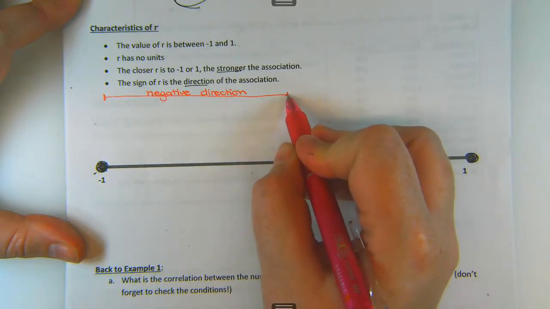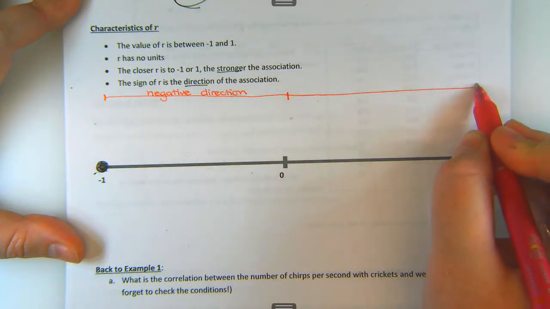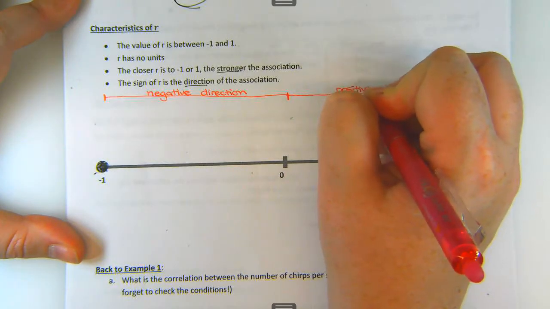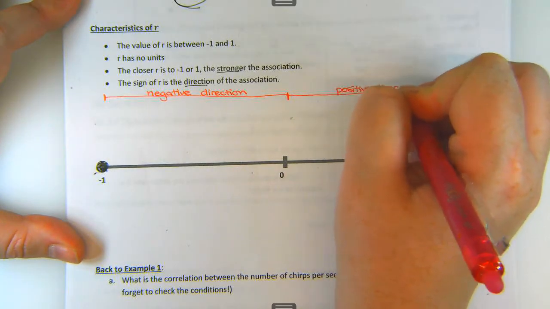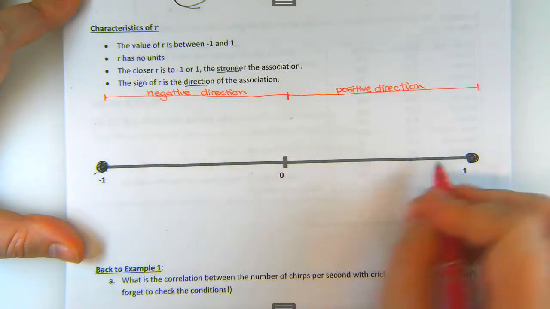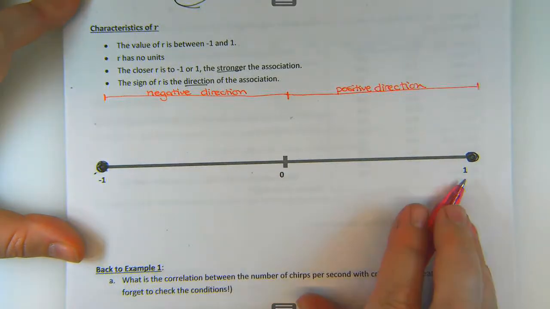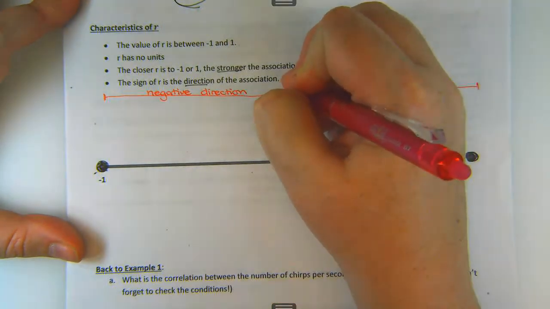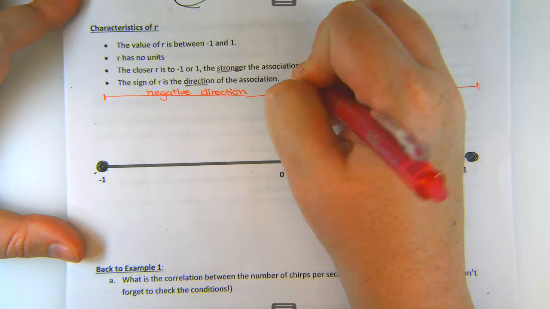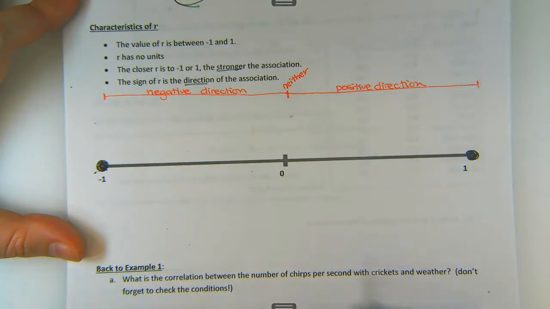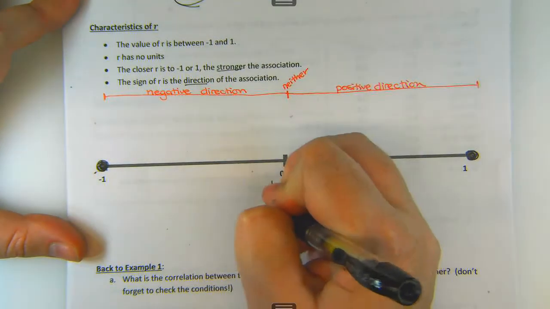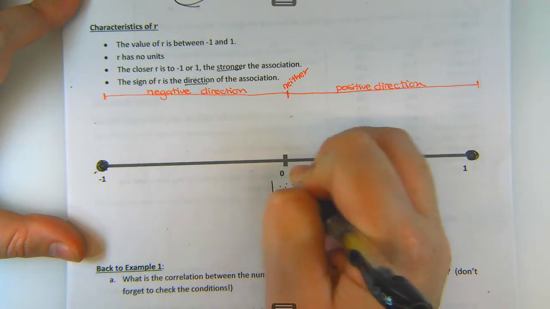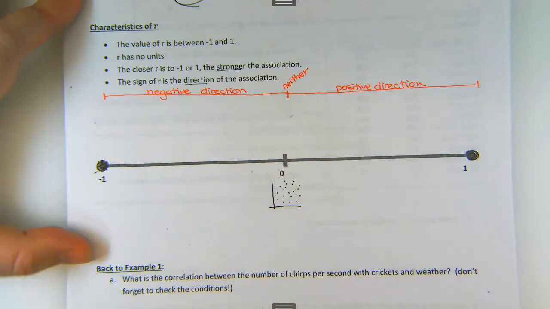And then as soon as we switch over here to positive, then we'll have our positive direction. So if we land on this right-hand side, all of these graphs are going to be increasing. What happens at 0? This is our neither scenario. And if we have R equals 0, what our scatter plot would look like, this would be our blob scenario where there's just no trend to it.